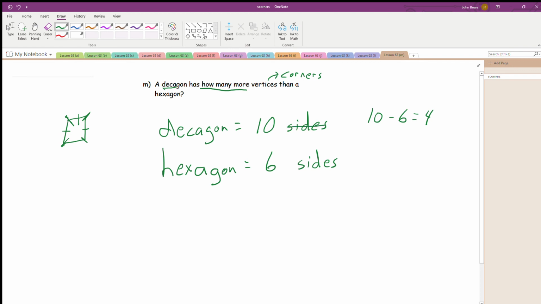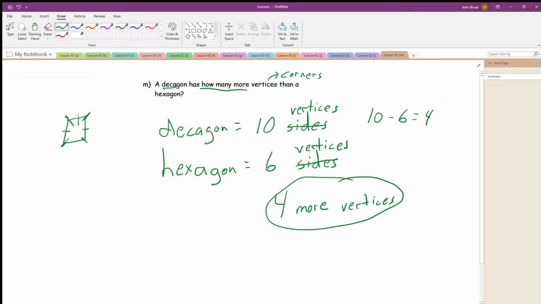So we'll change these to vertices. Good thing I double checked the directions for the question. So 10 minus 6 equals 4 vertices. So the answer would be 4 more vertices. Circle that. All right. So that is all of lesson 63's lesson practice.